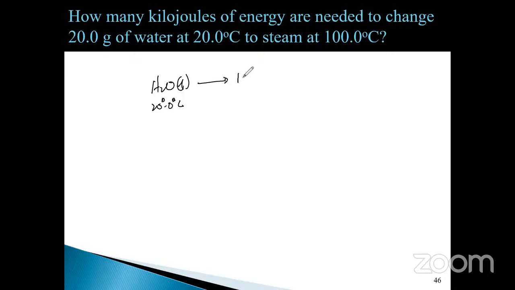We're converting that to H2O liquid at 100.0 degrees Celsius. And then at that temperature, you're going to convert the H2O liquid to H2O gas at the same temperature. So basically, you need to find this Q value and this Q value.